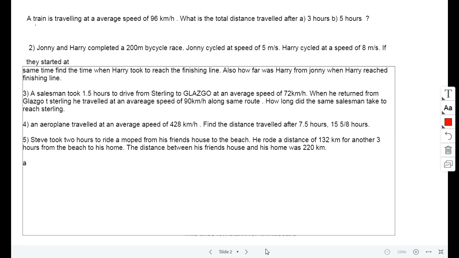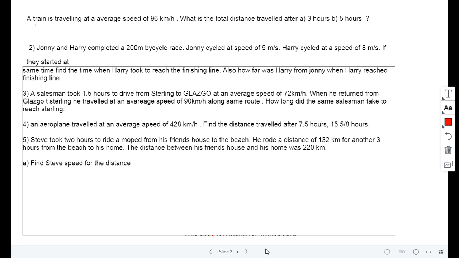Find Steve's speed for the distance from the beach to his home.